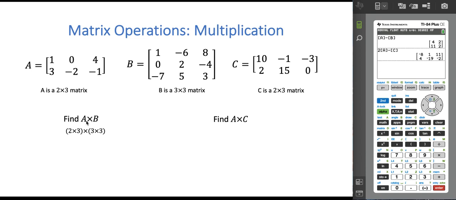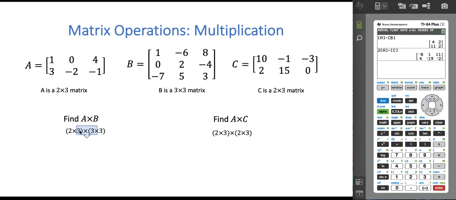So for example, A is 2 by 3, B is 3 by 3. You want to look at these inner dimensions. That's the columns of the first matrix and the rows of the second matrix. Same thing here. A is a 2 by 3, C is a 2 by 3. Look at those inner dimensions.